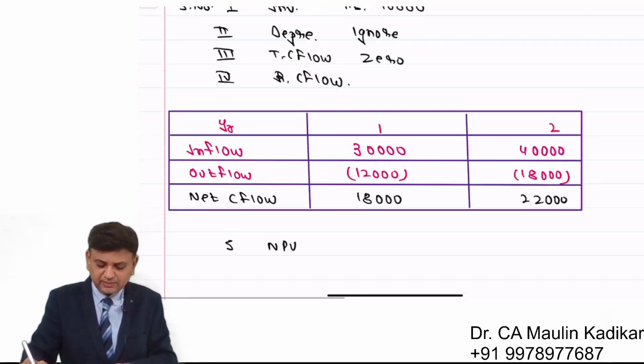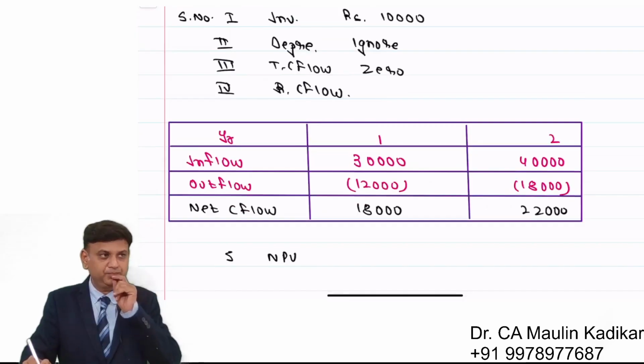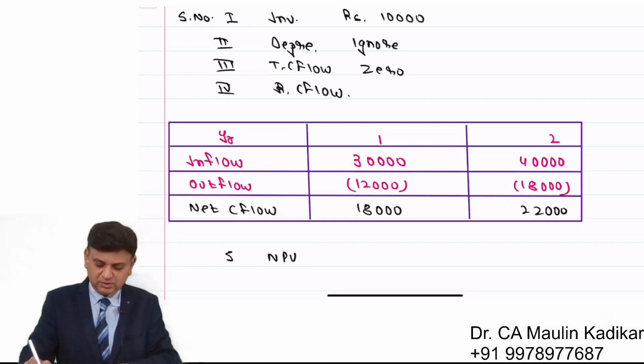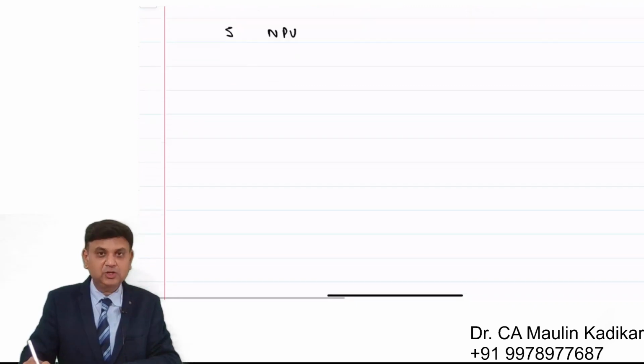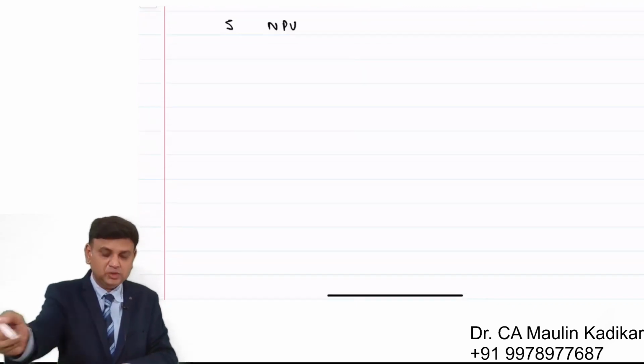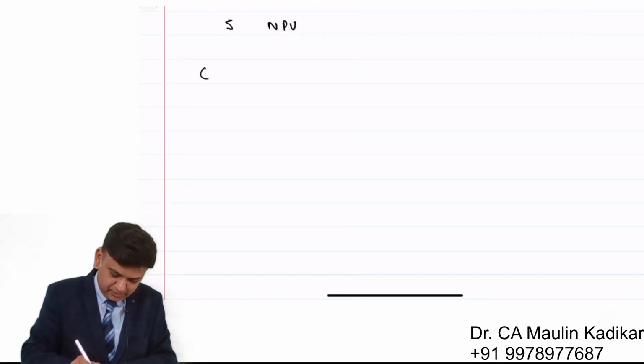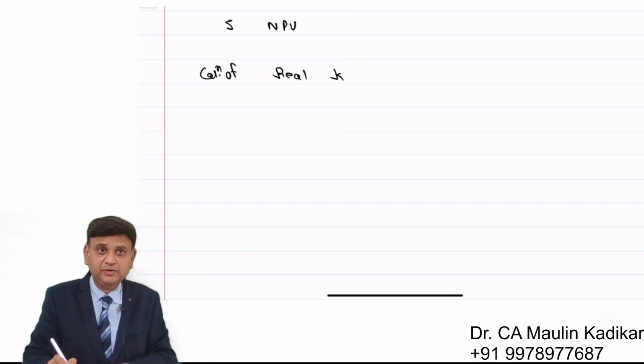Now dear students, for the purpose of NPV calculation, understand that we are adopting the real cash flow approach and we have the nominal cost of capital. So we have to compute the real cost of capital. So, calculation of real cost of capital.